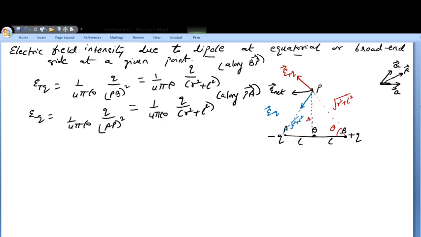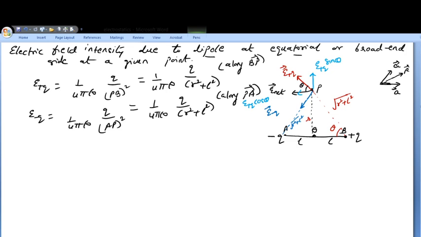Now if you resolve this E plus Q, say this angle is theta, you can see that this angle is also going to be theta, corresponding angles. I will resolve this E plus Q into two components. This component will be E plus Q cos theta, and this component is E plus Q sin theta.